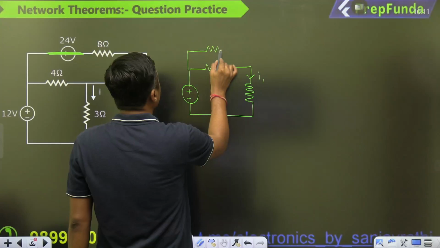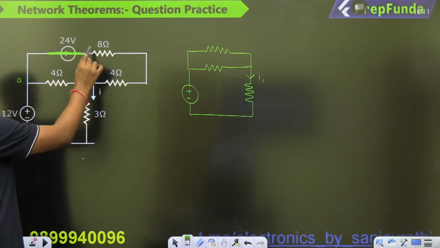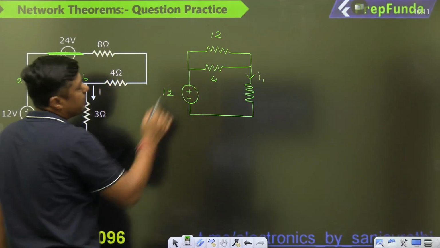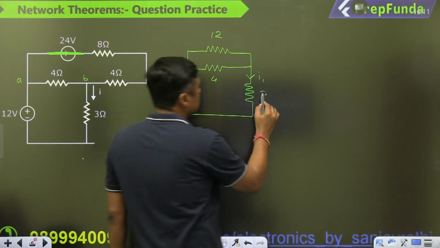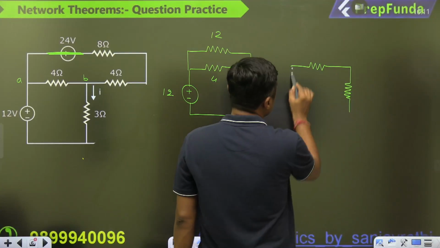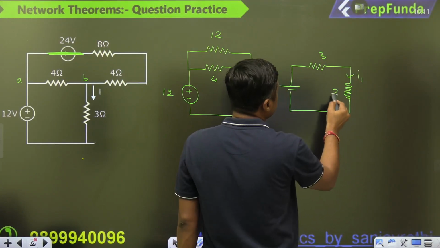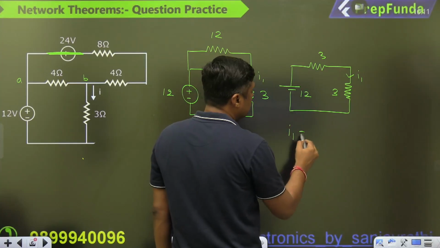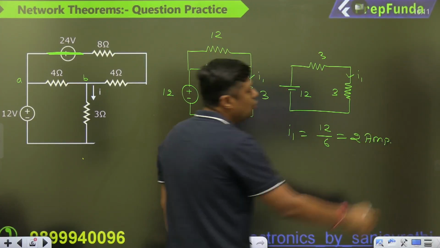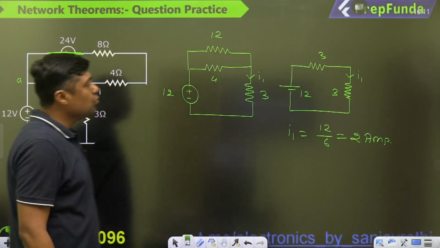This is connected in parallel between A and B. So 12 and 4 are in parallel, and the parallel combination is 3. Now guys, you can calculate I1. This is 3, this is 3, this is 12. So what is I1? 12 divided by 6, that is 2 ampere. 2 ampere because of the first battery.